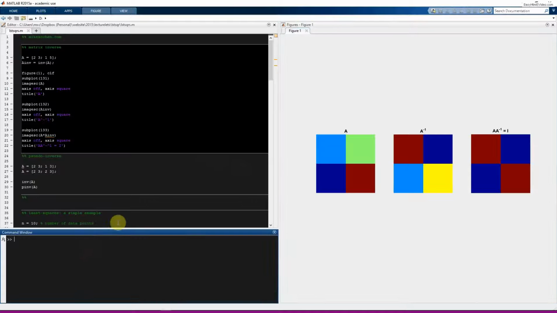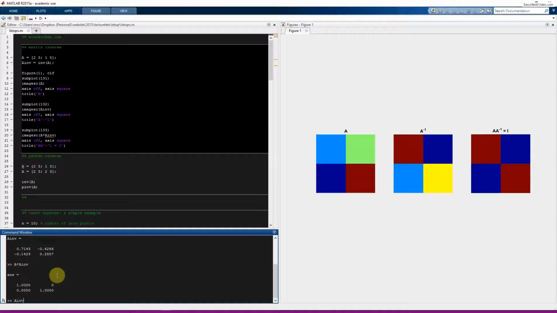So here we can see this is A and then A inverse. Here's an example where we have simple integers, but the inverse turns out to not exactly contain integers. So now we can see A times A inverse is the identity matrix. So it's ones on the diagonal, zeros on the off diagonal.